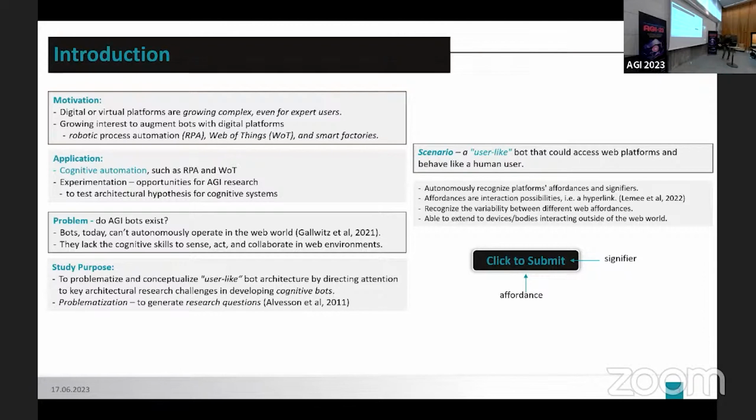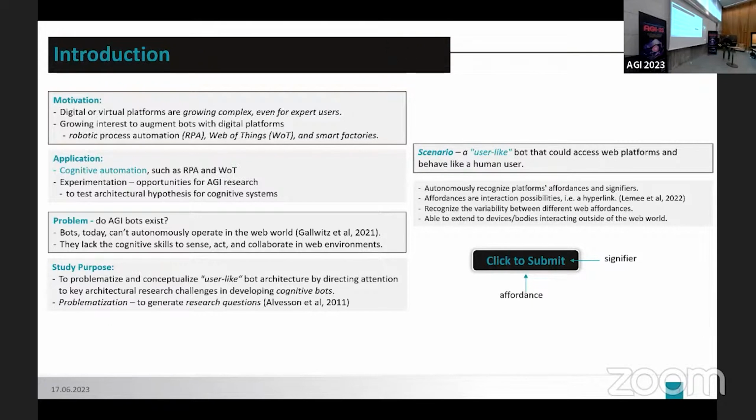For example, a scenario could be a user-like bot that accesses a web platform and can autonomously identify its situation there, recognize key affordances or signifiers, understand the whole platform, and navigate, interact, and behave autonomously on the web.